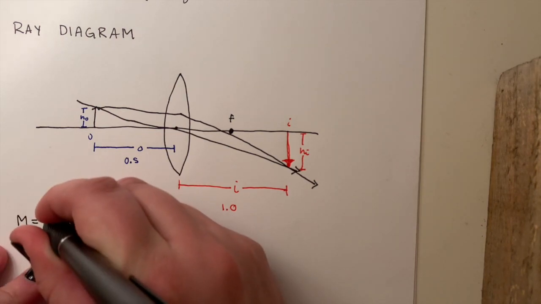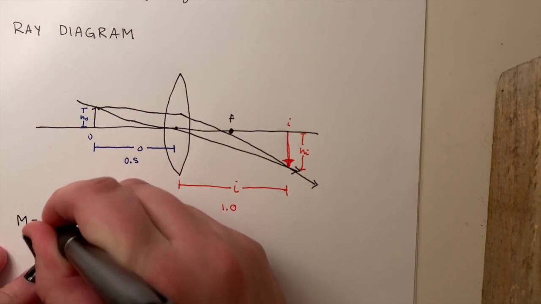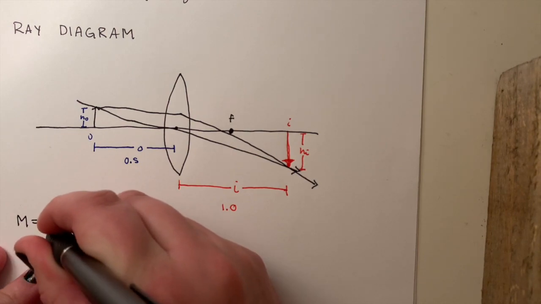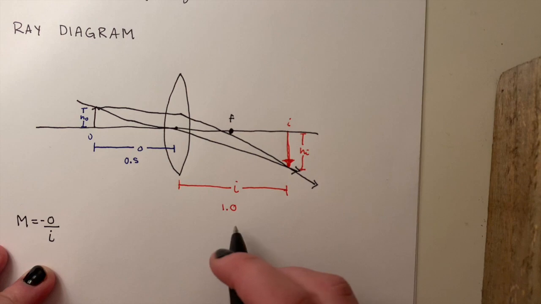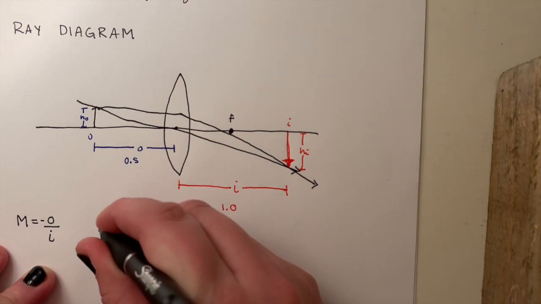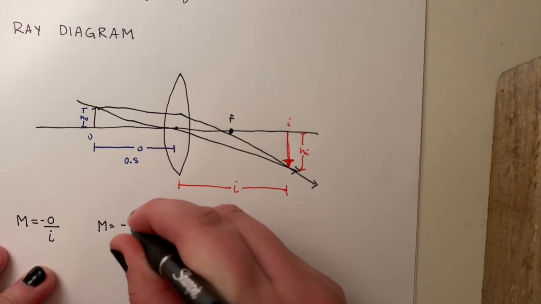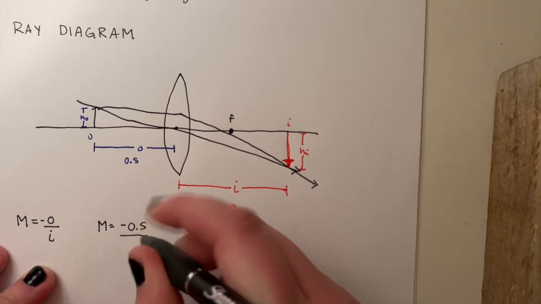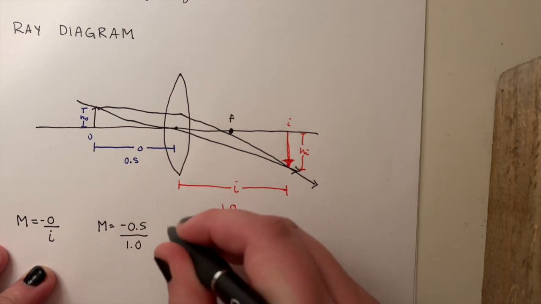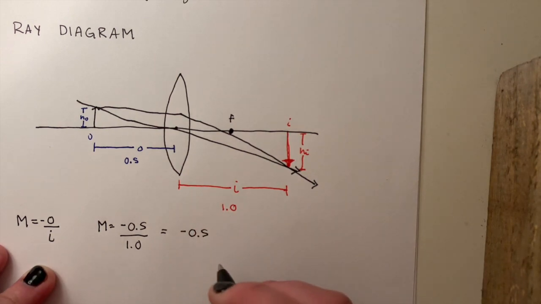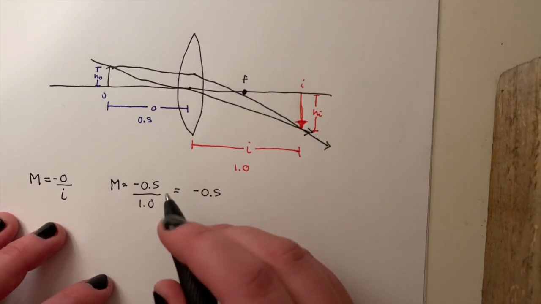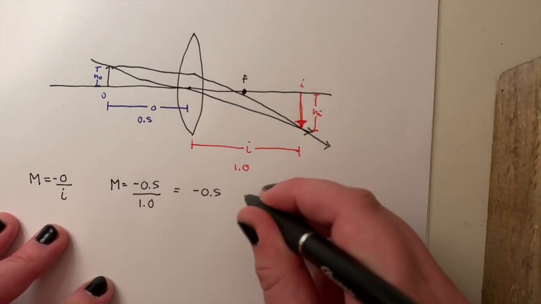So we can plug these into our magnification formula, which is just negative object distance over image distance. So plugging those numbers in, it's going to be magnification equals negative 0.5 over 1, which gives an overall magnification of negative 0.5, as expected. So now we can plug these back into our ratio of our heights.